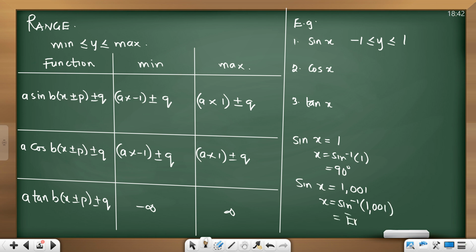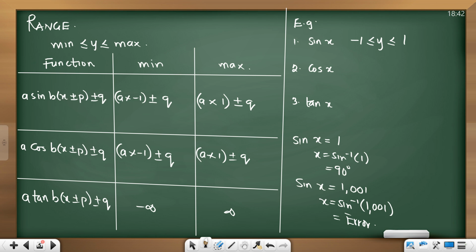You must get an error. We are saying that graph should not go above what? 1. Maximum. It should also not go below what? Negative 1. You can imagine how little we took it. 0, 0, 0. In fact, I should have added 4 zeros. 1.00001. Automatically you get an error.